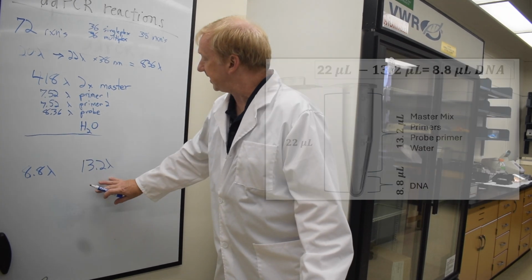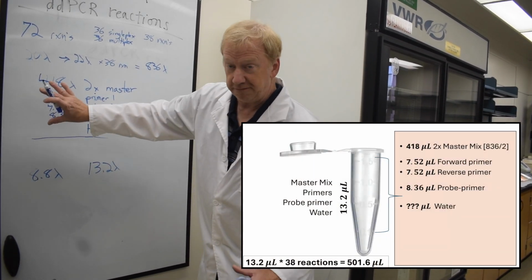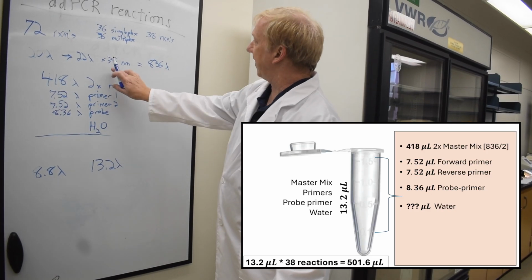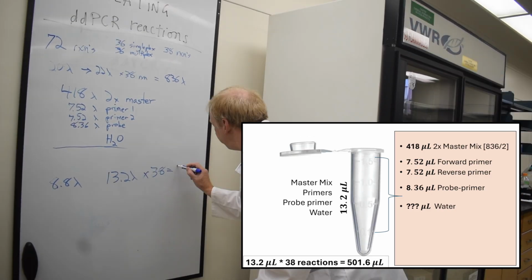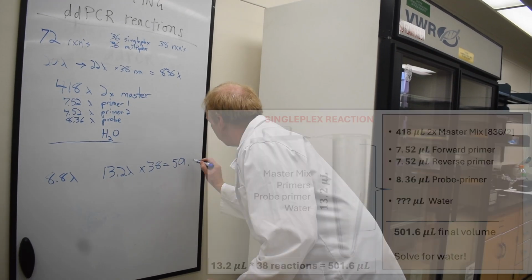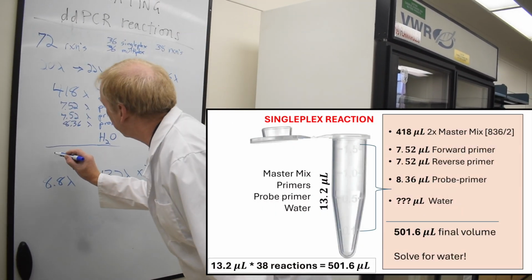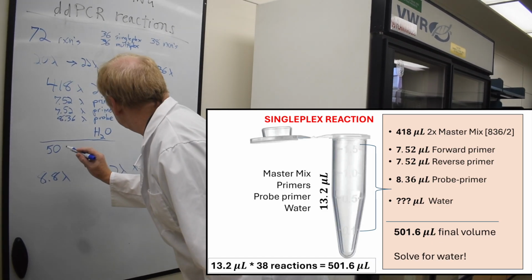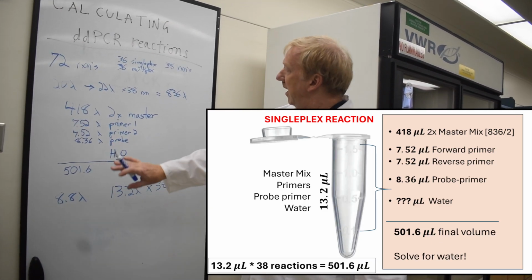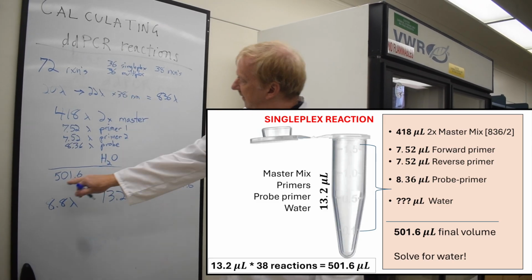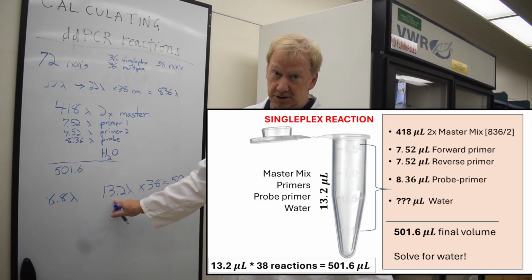So we have 13.2 microliters of this stuff, and we have 38 of them. That's 501.6. So that is our number that we want as a final, so that when we aliquot 38 of these, we have 13.2 microliters in each tip.